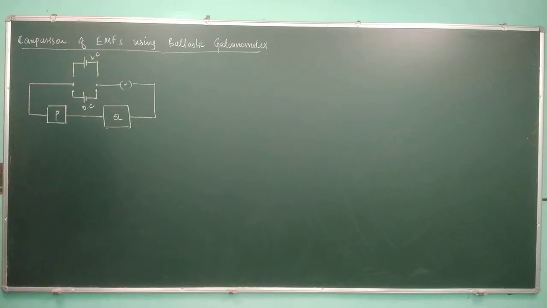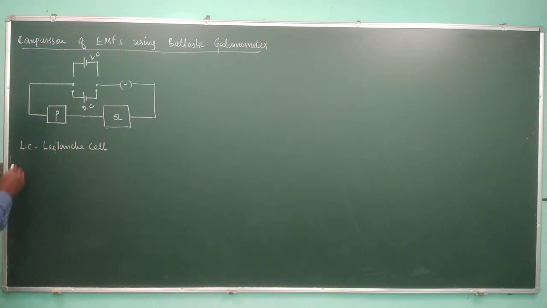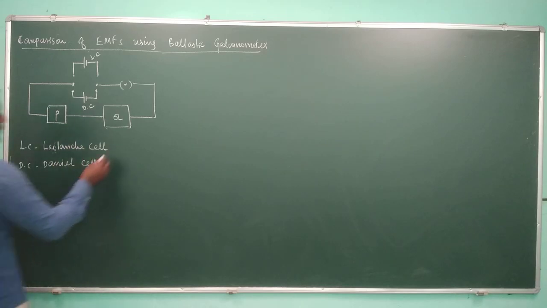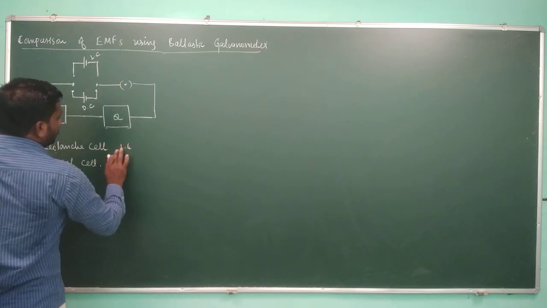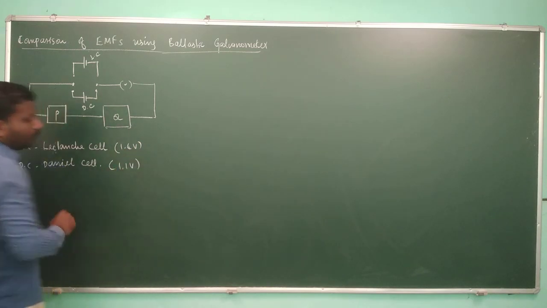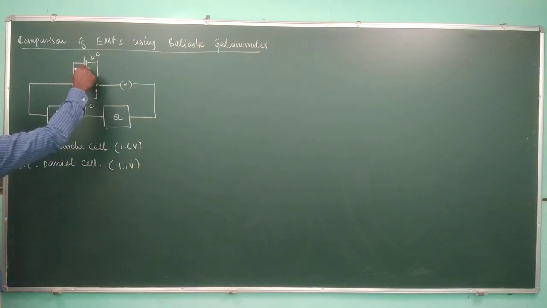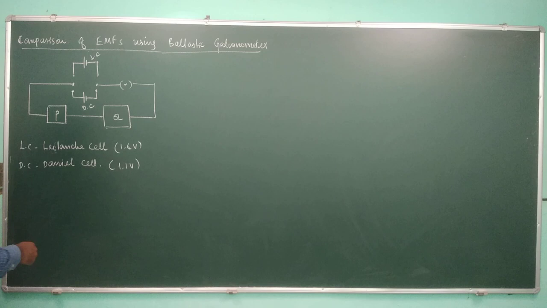LC stands for Leclanché cell, while DC stands for Daniell cell, where Leclanché cell will give you 1.4 volt output, while Daniell cell will give you 1.1 volt output. We consider two such cells in place of the battery. One is LC, another one is DC.